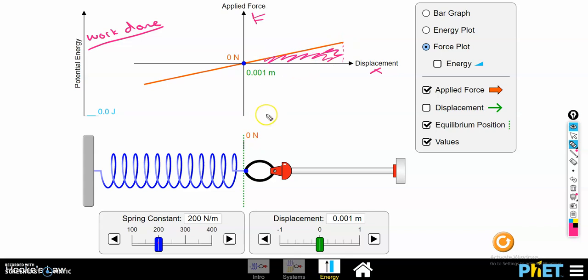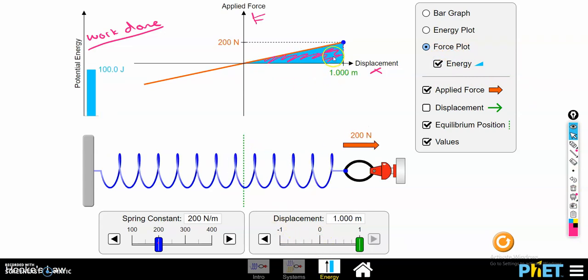But what is that area and what does it represent? Well, you can figure this out by clicking the button over the side here. It turns out that the blue area is the energy that was applied to the spring, or the work done, or the energy stored by the spring. And so we can use our maths of finding the area of a triangle to find out what that is.